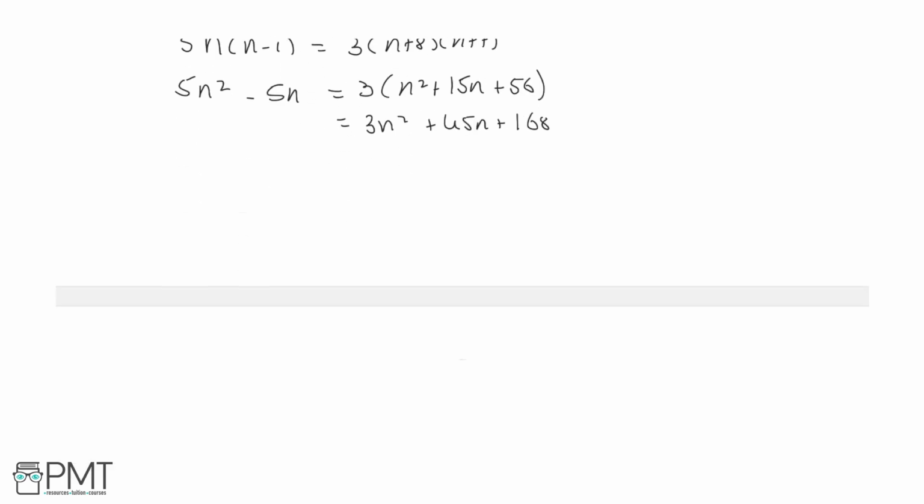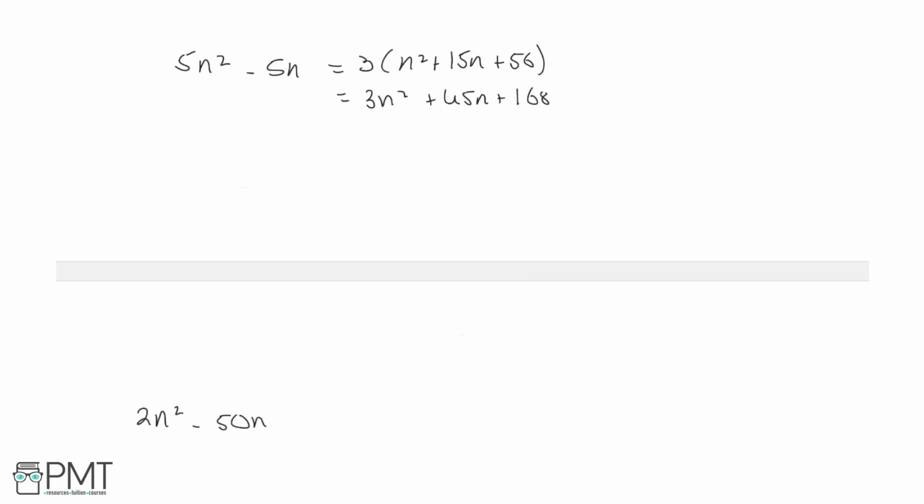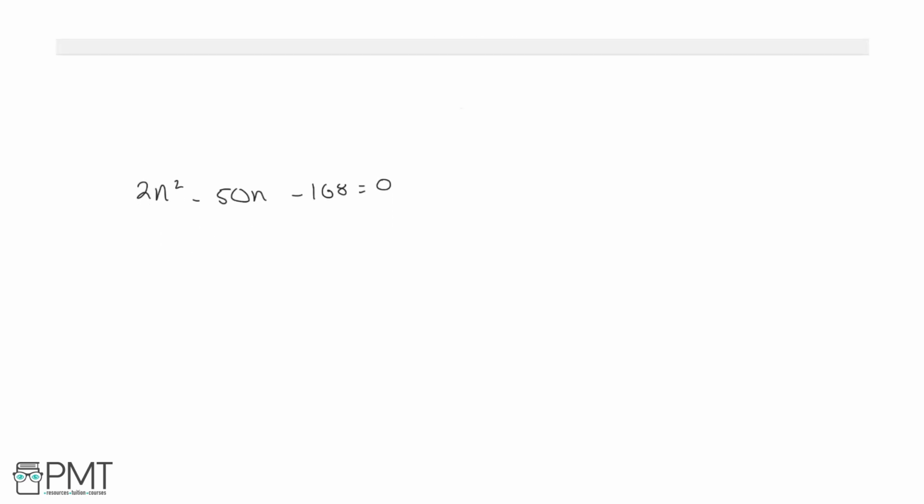Now we'll come to a new page, and we will rearrange this. We have 2n squared minus 5n minus 45n is minus 50n, minus 168 equals 0. We divide both sides by 2 to get n squared minus 25n minus 84 equals 0.